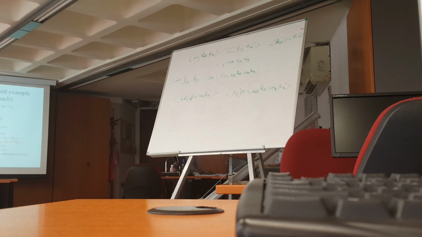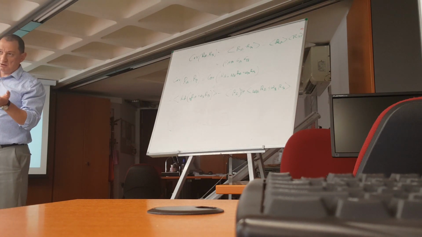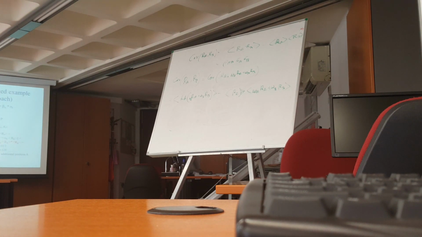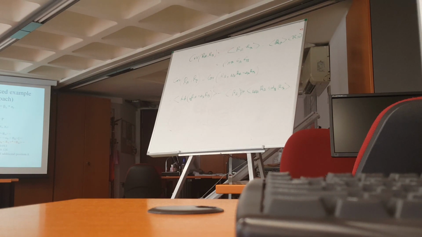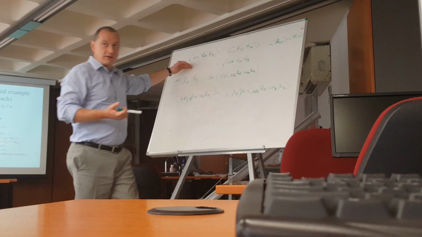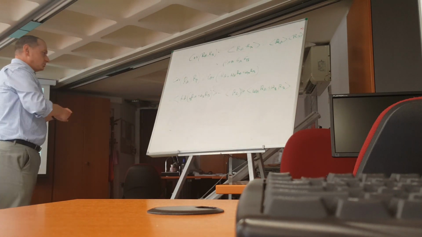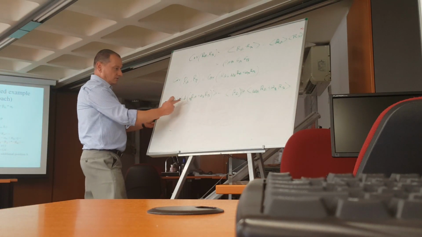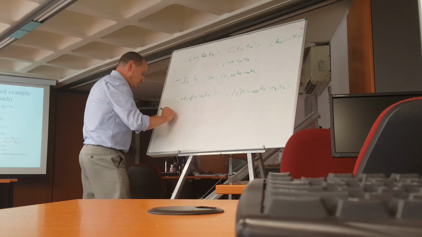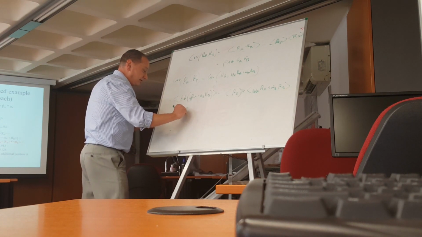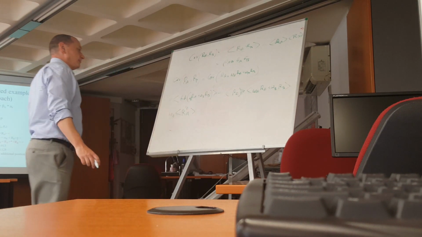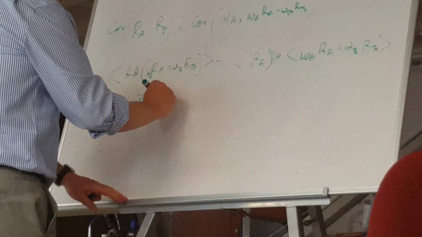But you remember, the expected value of the sum of things is the sum of the expected values. The expected value of the product of something with a number is the number times the expected value of something. The expected value of a product is not the product of the expected values. Why? Because their difference is the covariance. But by just taking the expected value operators and rearranging things, what do we get? This is, I'm just taking a number out. Okay?